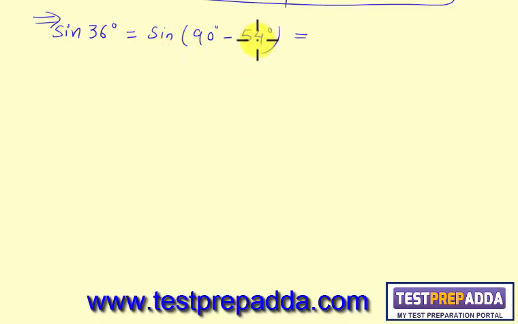Sine of 90 minus something means sine will be converted into cos, and 90 minus theta lies in the first quadrant, so it will remain positive. So it becomes cos 54 degree. What is the conclusion? Sine 36 degree will have the same value as cos 54 degree. I will find the value of sine 36 degree, which can be equated with cos 54 degree. Got the idea?